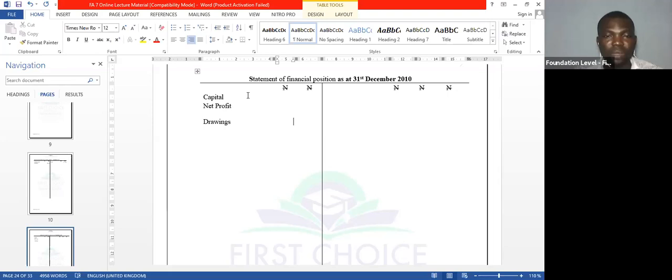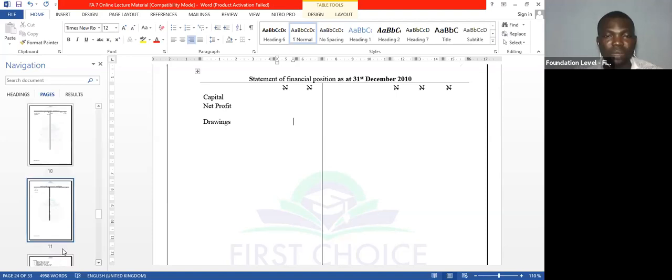We add that 1,200 to our working. Can you see our working here? The drawing is 14,100 plus 1,200, which is 15,300.